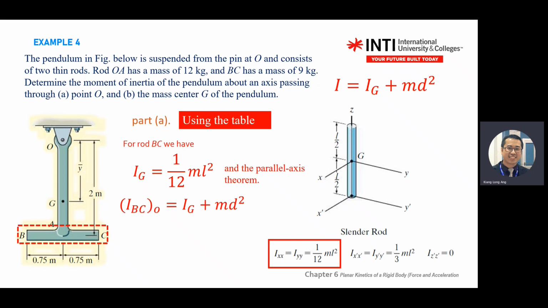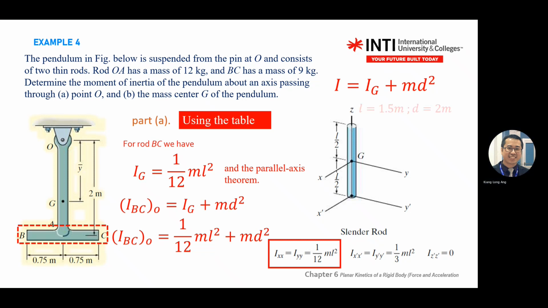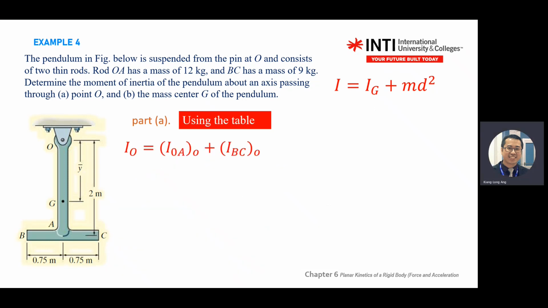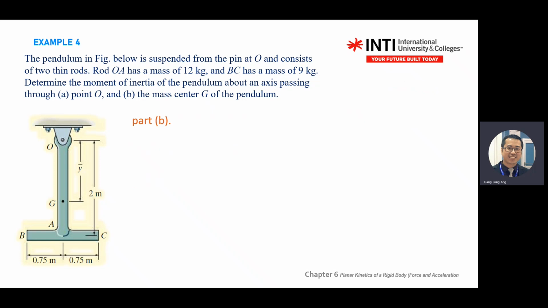This rod was made at the center point here. That's why you use the first equation, because the G is here. So you substitute, you get this equation. Again, you're applying I equals Ig plus md squared. You get BC equal to 37 point something. So from all, you substitute the values you found just now, and you get the final one.